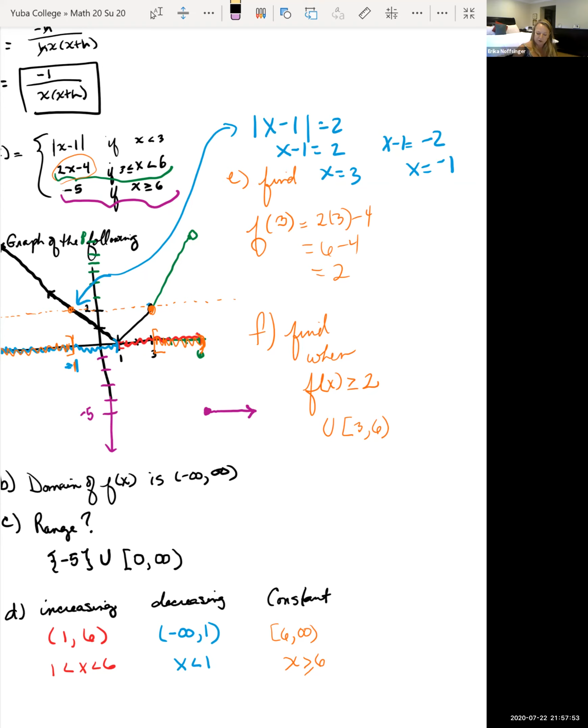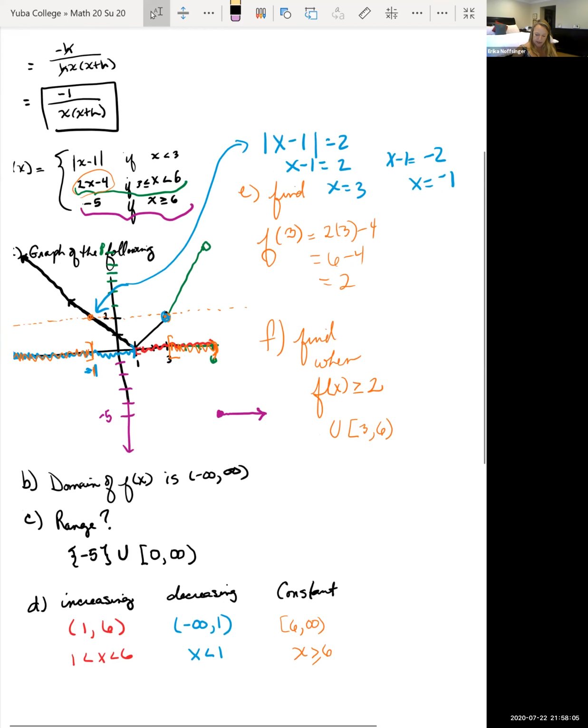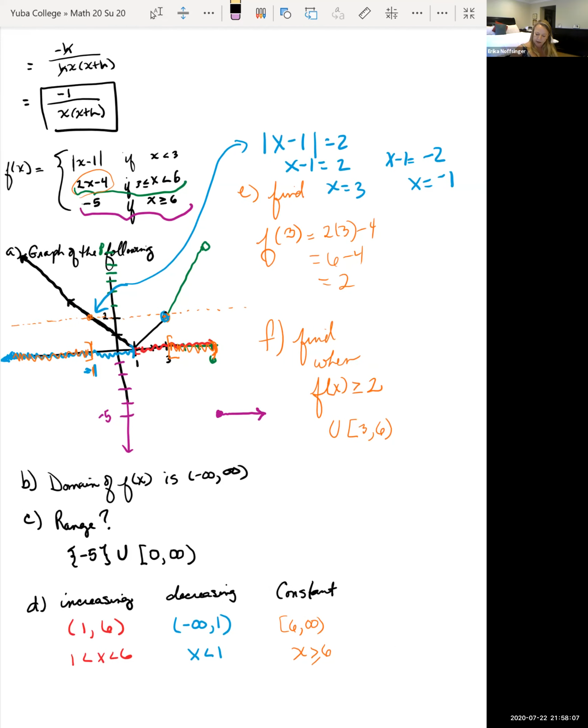It was an open circle because it wasn't included, but again, it had hit it. This could have fallen out of my domain for that piece, and then I would have just ignored it. But right here, I'm just worried more about the -1. That's what I was looking for. And so f of x is bigger than or equal to 2 when x is coming from -infinity to -1, and we're going to include it because the equal to part is there.